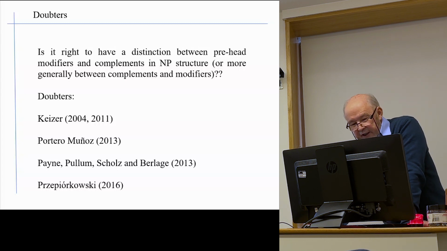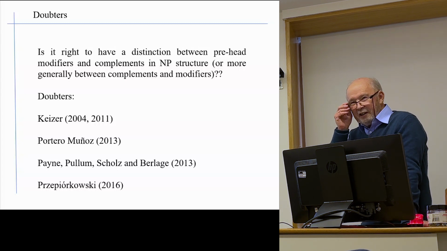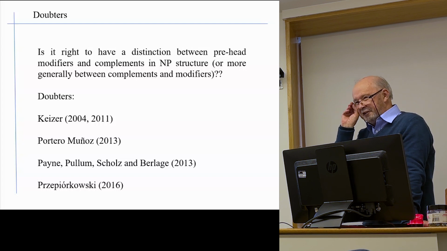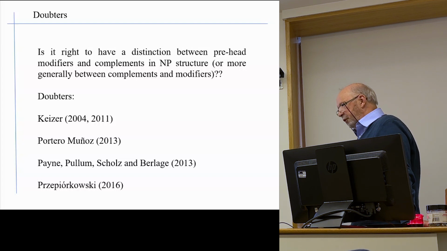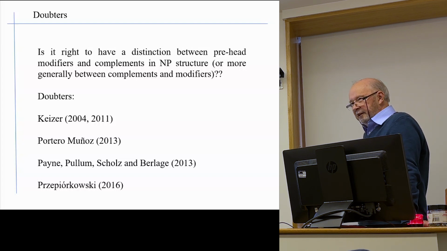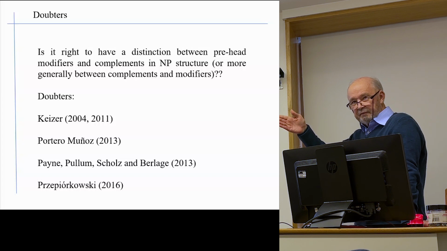And then I came across this paper by Adam Przepiórkowski, who is an LFG HPSG worker from Warsaw, where in LFG, he basically suggests that the complement modifier distinction should be abandoned altogether, and one should just have a single category, if you like, dependent.